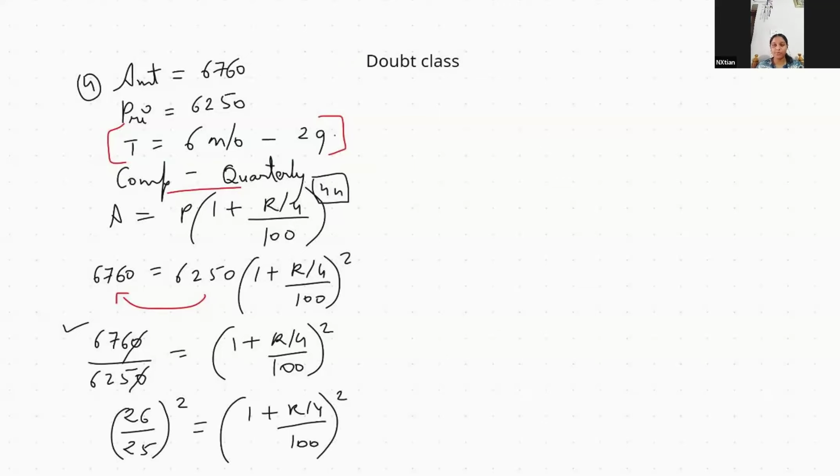Abraham, 4n is my formula. But in time, I have 6 months. So in 6 months, what happens? How many quarters are there in 6 months? 2 quarters. So that is why we have used 2.